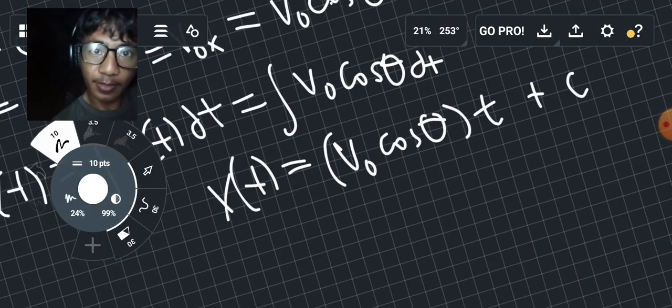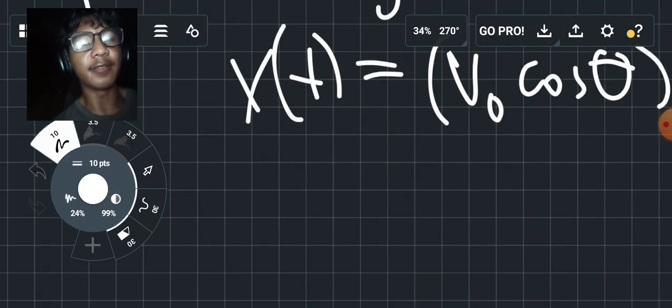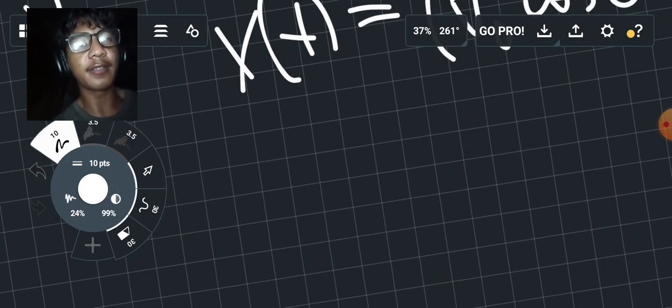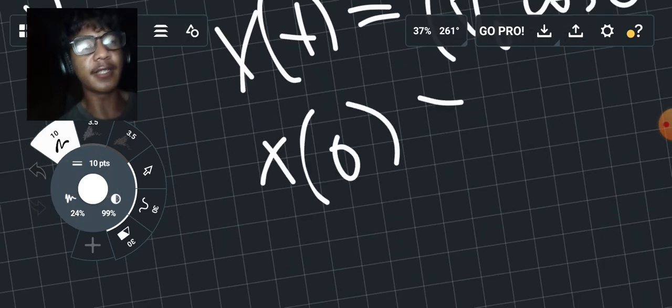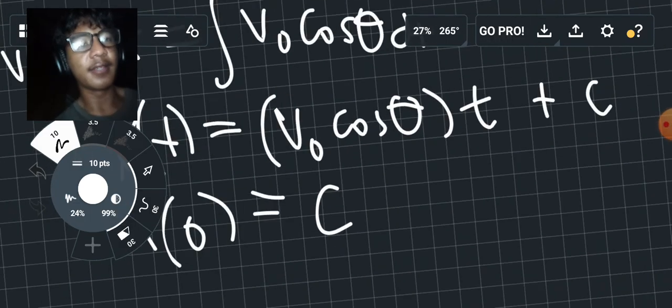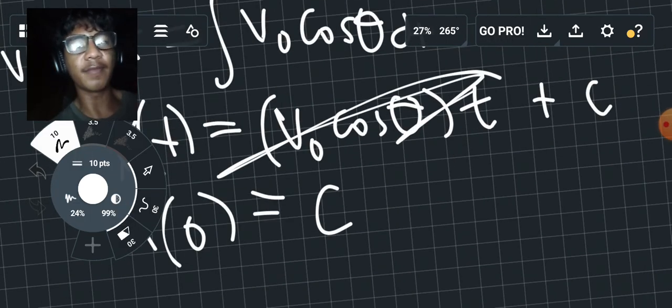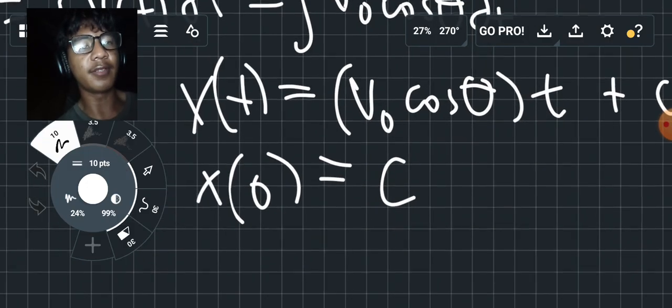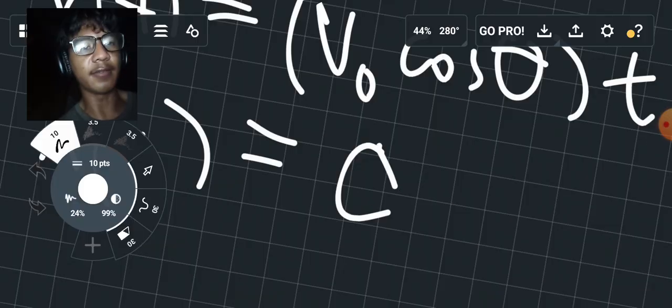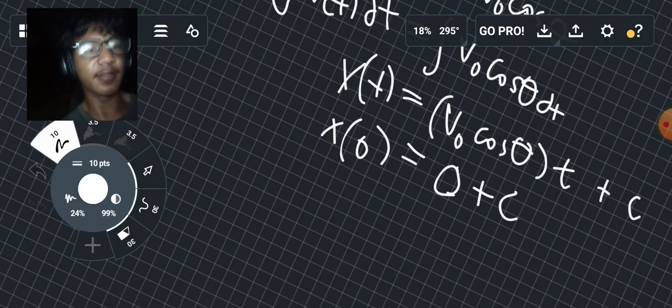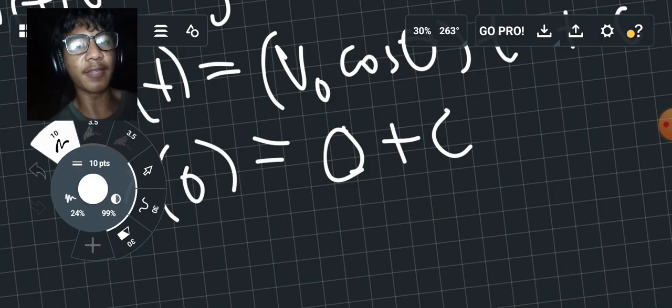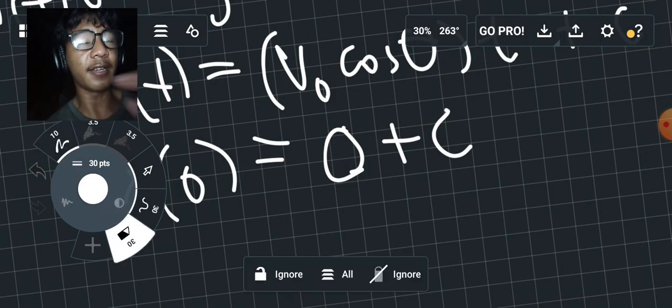Well, what is c? C is x of 0. Since this cancels out, this makes anything 0, so we're only left with 0 plus c. I hope that makes it clear that x of 0 is just c.